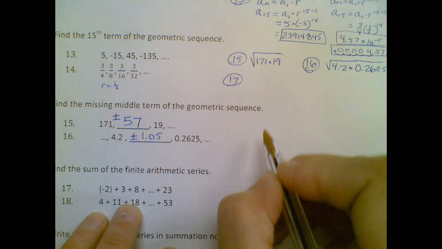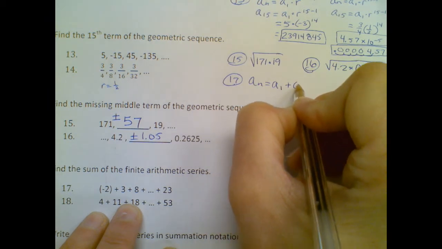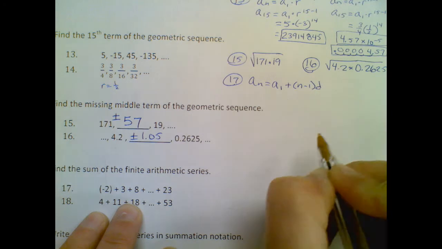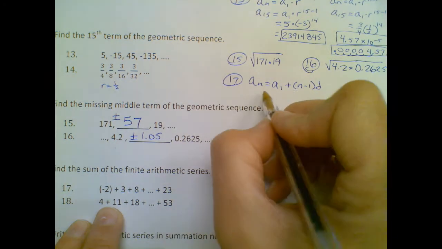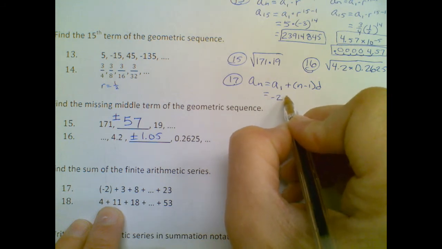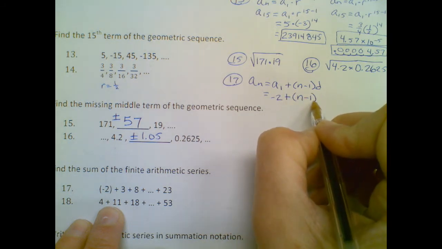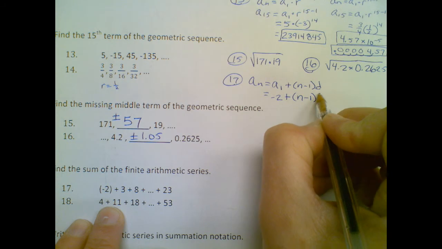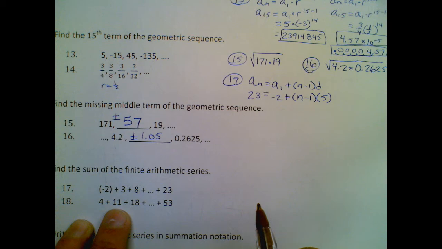Okay, so the first equation, we don't know the number of terms, so I'm going to leave that blank. My first term is -2, so I can substitute that in. And then I have n minus 1. And then my common difference, I'm adding 5 each time. And then I'm going to plug in my last term here.